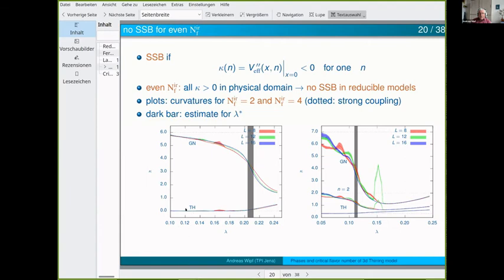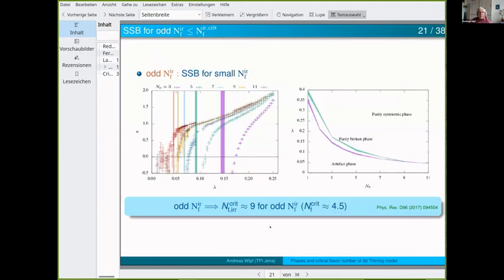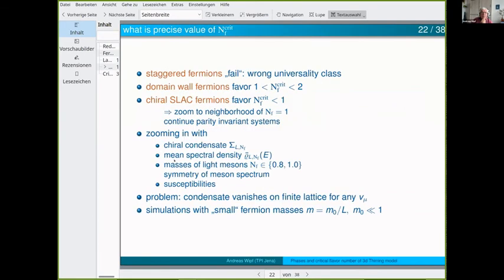This gray bar is this critical coupling, and we can only interpret this result, at least for the continuum model, to the right. Okay, and from this figure it's almost clear that the curvature is always positive, so we would claim there is no broken phase, and even more so for 4 flavors on the right. It's different for the odd number. For example, here we have 3 flavors, and you see the curvature.